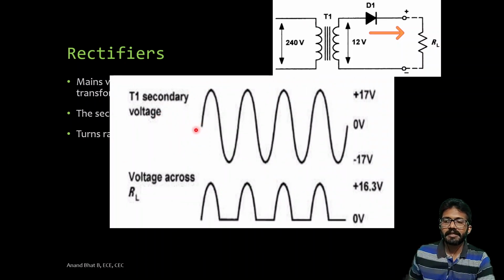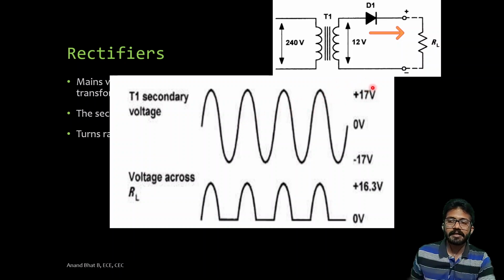So this is the secondary voltage which is 12 volts in the diagram, and as mentioned a while ago, this is the RMS value. And I told you guys to find out the relation between the RMS value and the peak value. The peak value is root 2 times the RMS value.